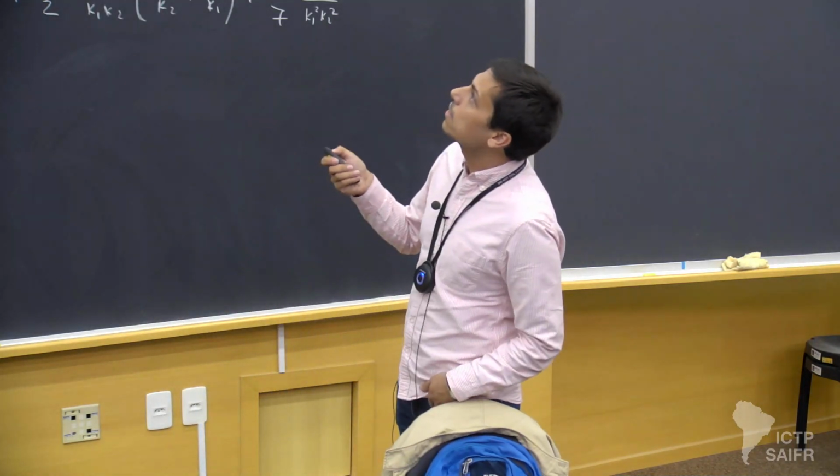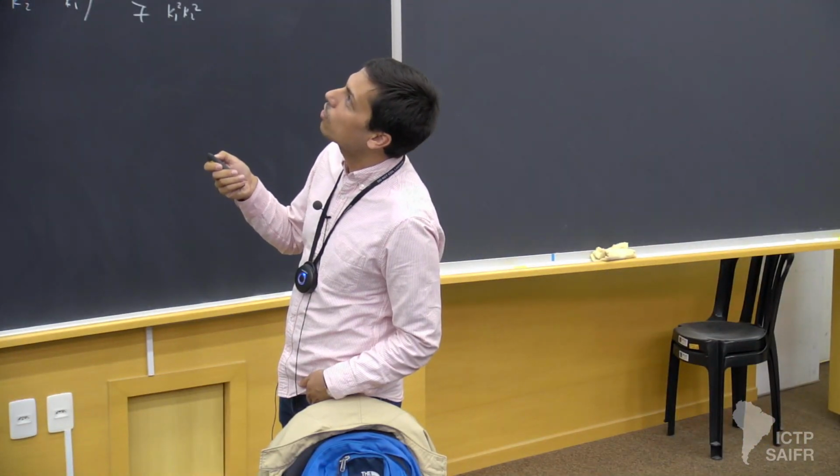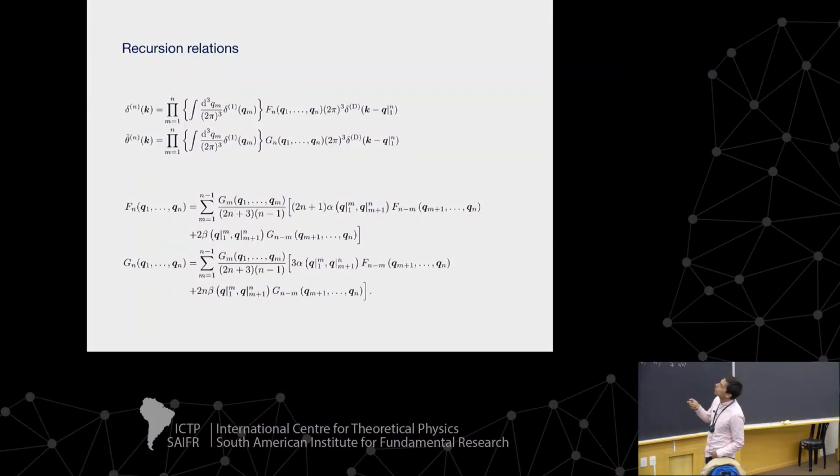So as I said, every nth order solution for either delta or theta can be expanded in terms of some kind of kernels. They're usually called Fn and Gn, okay? And there are some recursion relations which tell you that if you know all lower order perturbation theory kernels, there's some simple formula which combines all possible lower orders and gives you a higher order term.